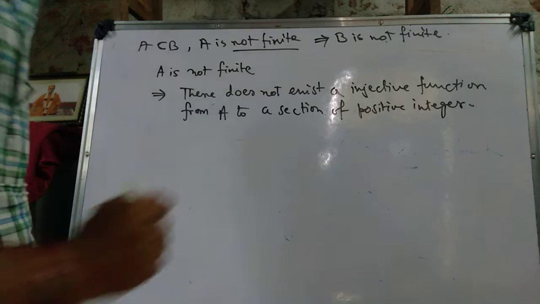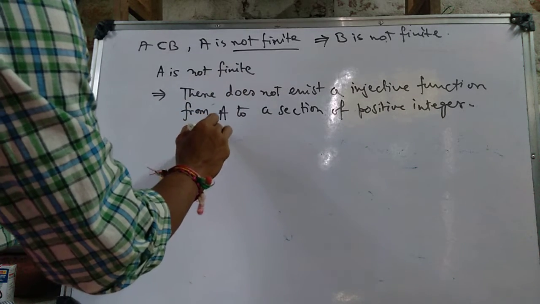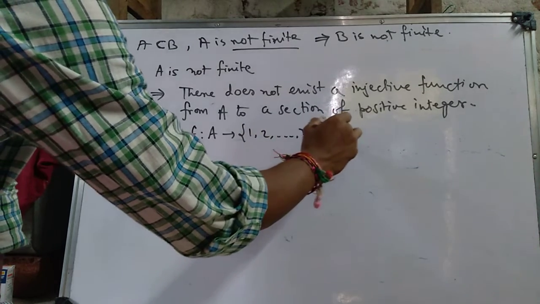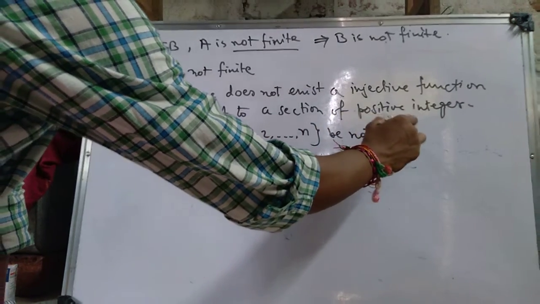So this means the function from A to 1 to n is not injective.